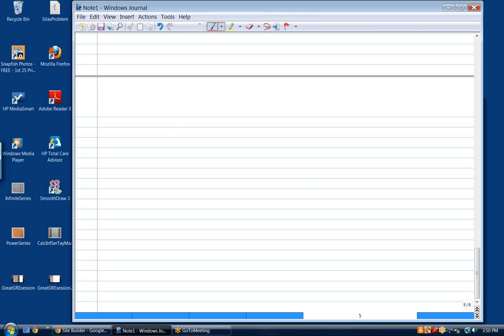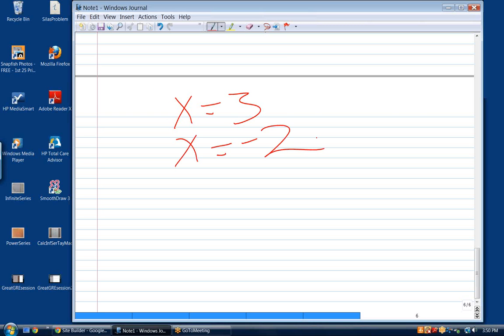So, in other words, if you have the solutions like this, what's the polynomial? What are the two linear factors if my solutions are that?